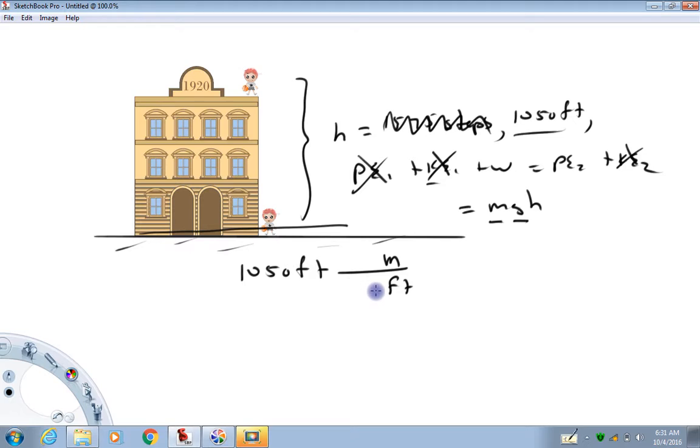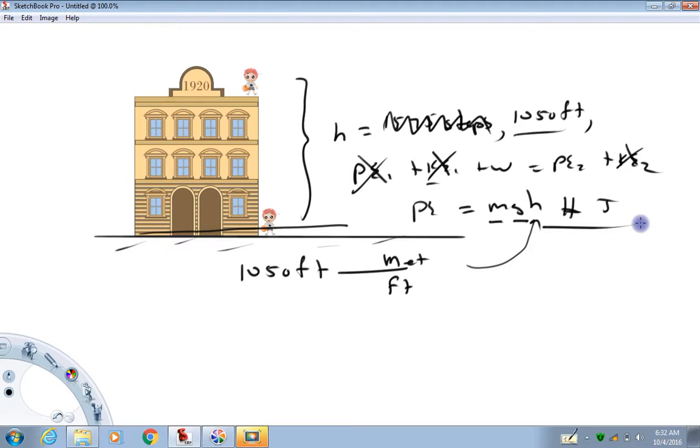It's about 3 feet per meter, but it's not exactly. It's like 3.1 or something. You're going to have to look that up. So look up that conversion factor, convert this to meters, this value will go here, and then you can calculate the potential energy, and that will come out in joules. Now, part A just says how much work done. So whatever number this is, you're done. That's the answer to part A.